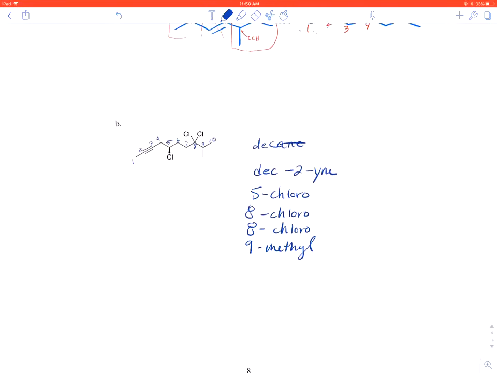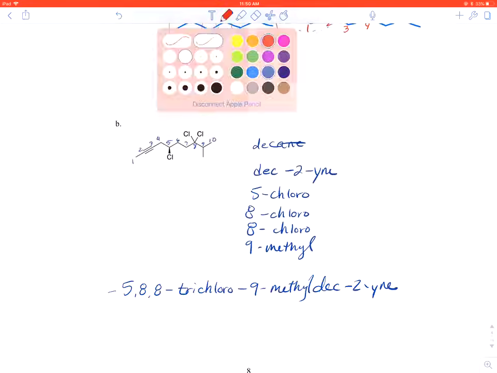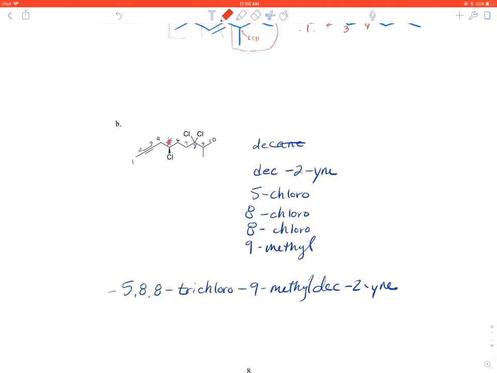So putting that all together alphabetically, 5, 8, 8-trichloro, 9-methyl, dec-2-yne. There is chirality indicated at carbon 5, so we have to rank these 1, 2, 3.